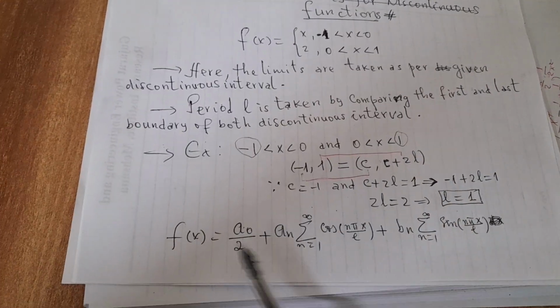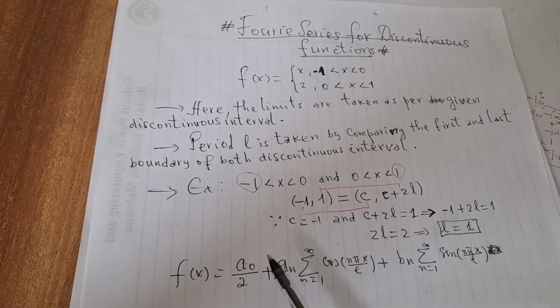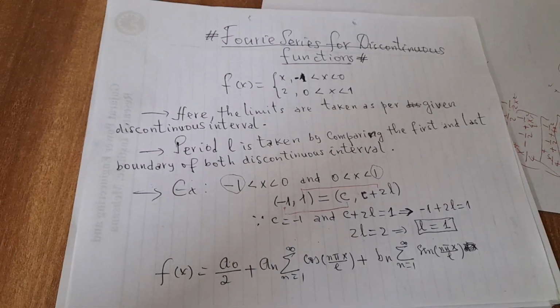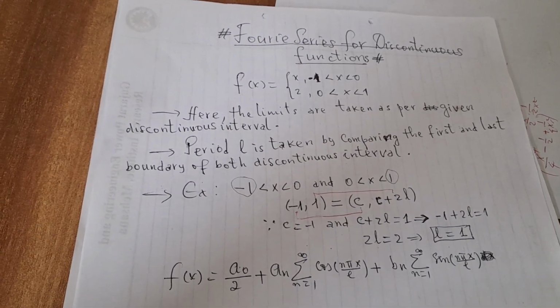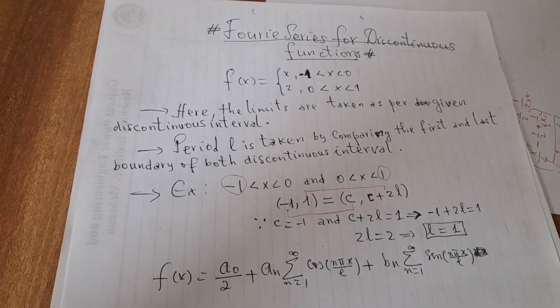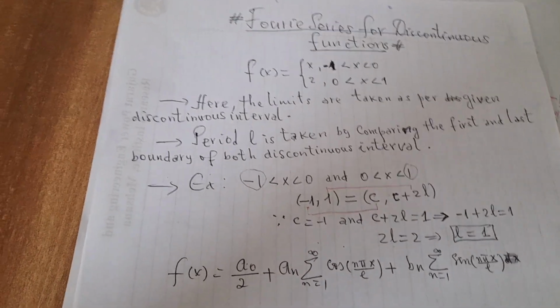We know that f of x is a Fourier series. Whenever we have a function, whether it's continuous or discontinuous, it can be written in the form of a series.